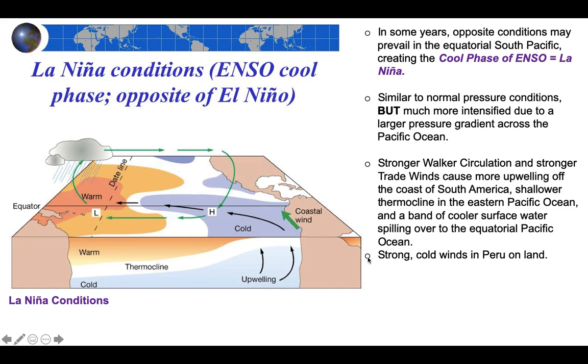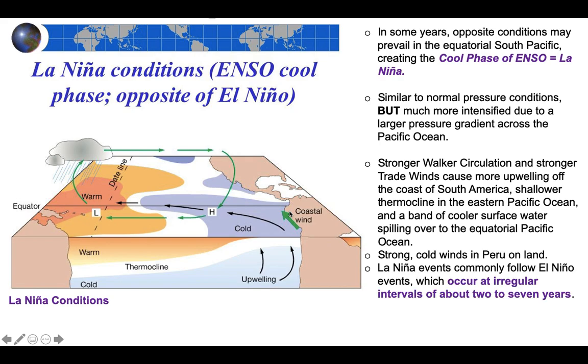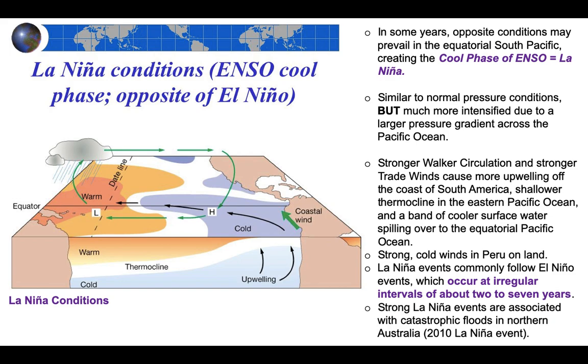And so we have very strong and cold winds in Peru on land, very harsh winters, and El Nino and La Nina events can occur at irregular periodical intervals for about 2 to 7 years.